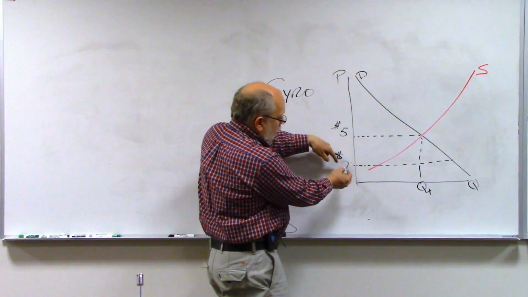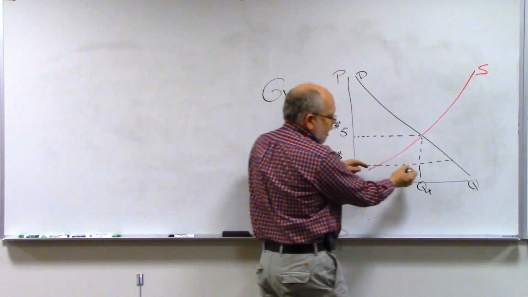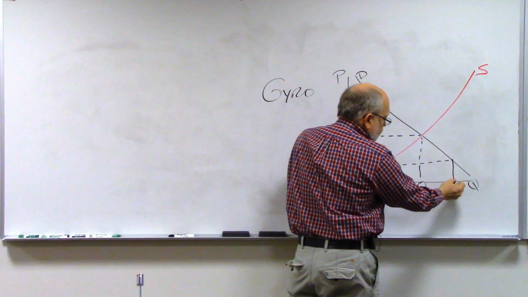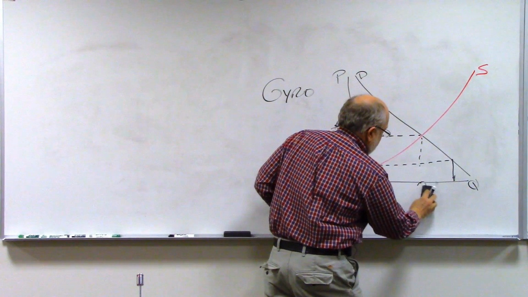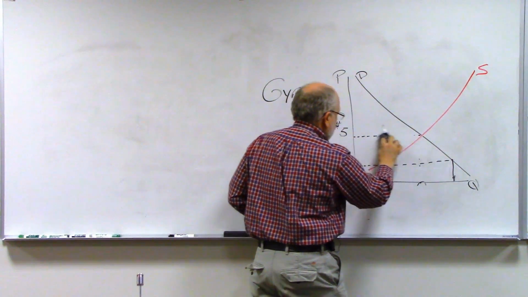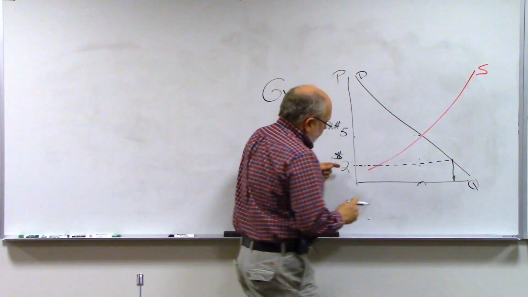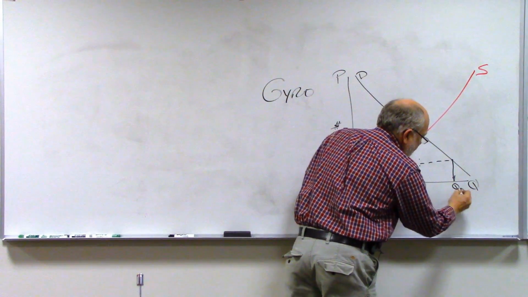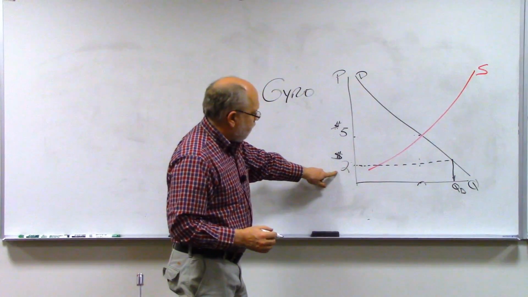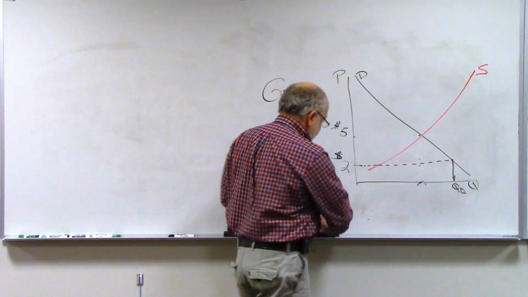Well, he asks the $2 price question. He comes in till he hits the demand curve and comes straight down. Excuse me, I'll get rid of this old thing because I don't want it to confuse us. We ask the $2 question, we come in, we hit the demand curve, and the quantity demanded at $2 is this much right here.